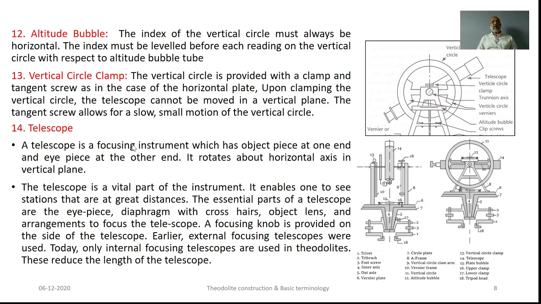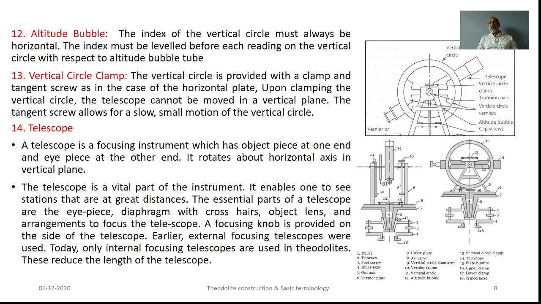The telescope is the focusing part, which has the object lens as well as the eyepiece at its other end. Here, the way you have used the telescope for leveling equipment, in a very similar manner, this particular equipment is provided with that particular telescope.